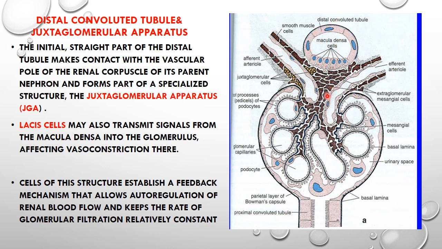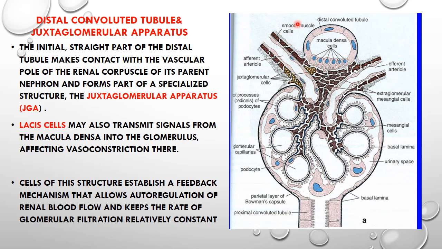Then between the limbs, there are the extraglomerular mesangial cells, which we had discussed in the previous lecture. Now the cells close to the afferent arteriole, the smooth muscle cells, also change their configuration. These cells have the zymogenous granules. They are modified, and they are also called the Lacis cells.